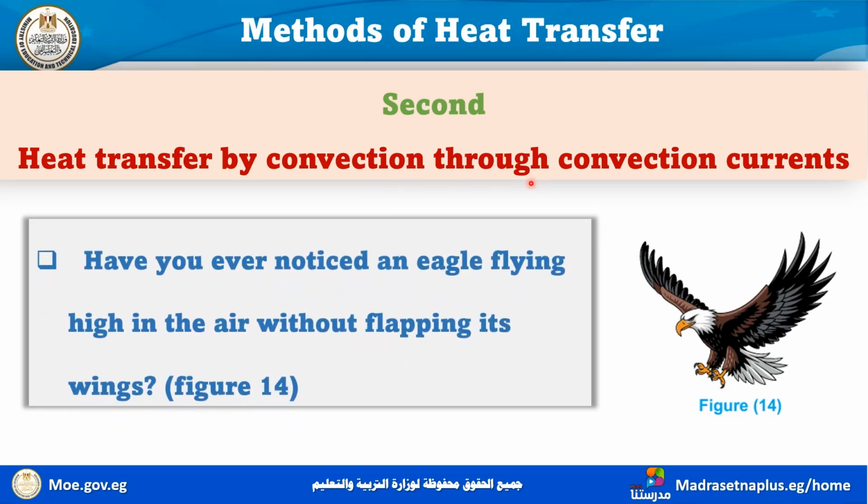In this figure, we will notice an eagle flying high in the air without flapping its wings. The eagle flies without moving or flapping its wings up and down. Let's discuss why and how the eagle can fly without flapping its wings.